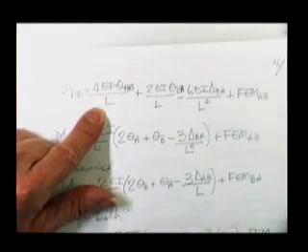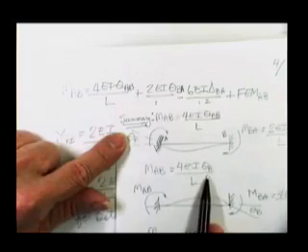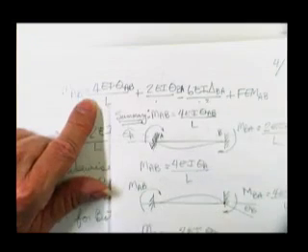Can't hardly go wrong with this. We already worked that out. We found that if you have a theta at A, the moment on that end is 4EI theta sub A over L.